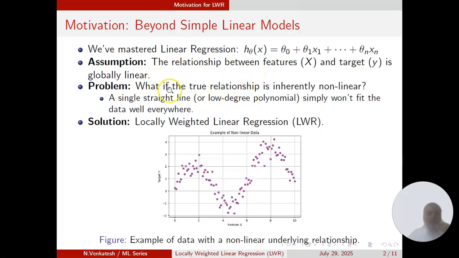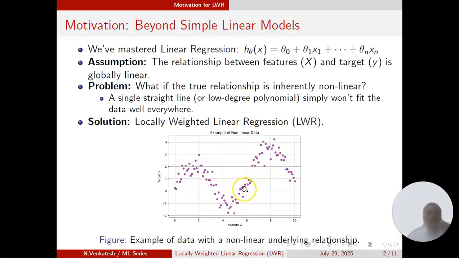then one straight line is not enough. Then one way of solving is to use polynomial features, but polynomial features are difficult to compute, and also there is a possibility of overfitting. So the other solution is using locally weighted linear regression.